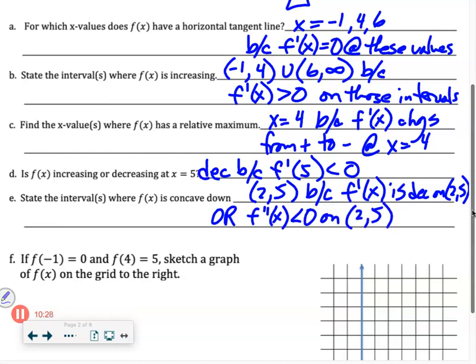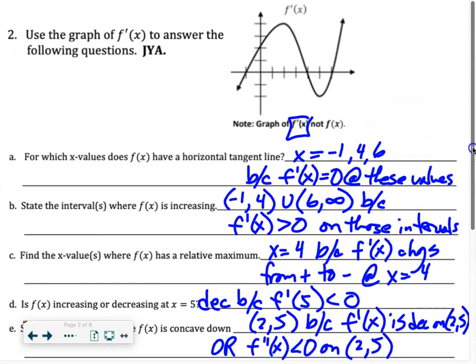I will tell you the College Board, when you're not given f double prime or an actual function where you can find f double prime, if you're just given f prime, they prefer that you write your justifications in terms of f prime. So I would get in the habit, if you're doing concavity from a graph of f prime, to write because f prime is decreasing or f prime is increasing. But if you write f double prime as negative, it's true and it justifies. So unless they specifically ask, they would accept it. It's just they would prefer the f prime.